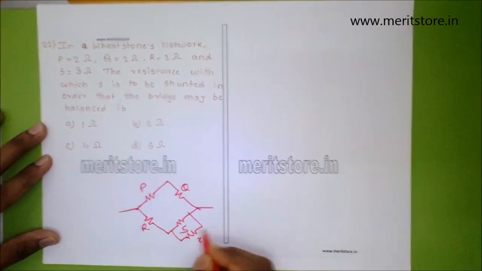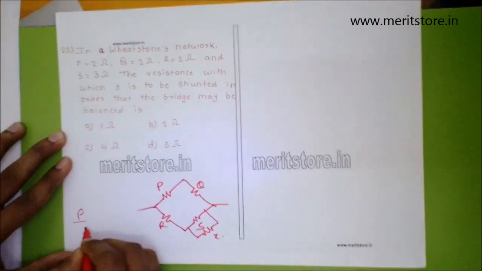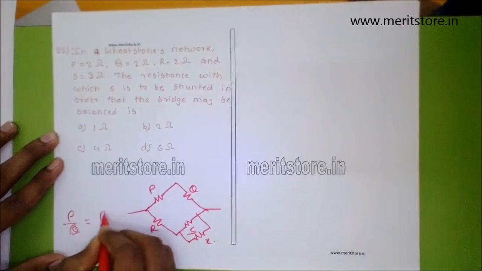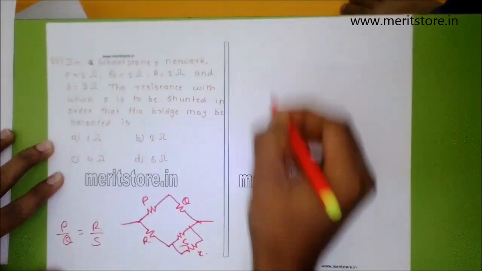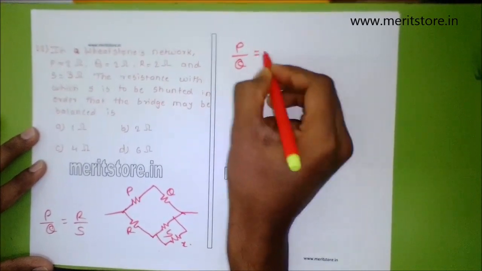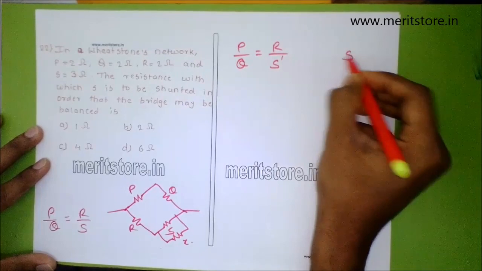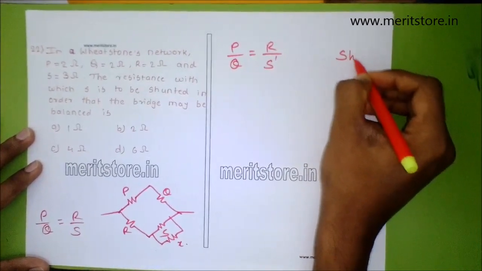Initially, without the shunt, the balancing condition would be P by Q is equal to R by S. And after the shunt, the balancing condition would be P by Q is equal to R by S dash. Note that S dash is S along with the shunt.